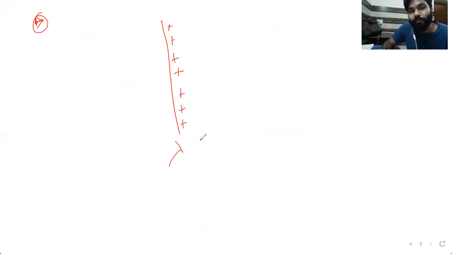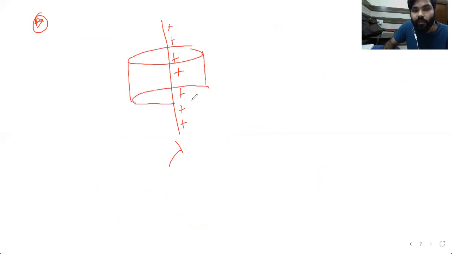Now let me show for a linear charge. Suppose a linear charge is given having linear charge density lambda. As I already told you, the Gaussian surface for a linear charge is always a cylinder. All the points around the linear charge will form a cylinder. In this cylinder we have three surfaces, two circular surfaces and one curved surface.